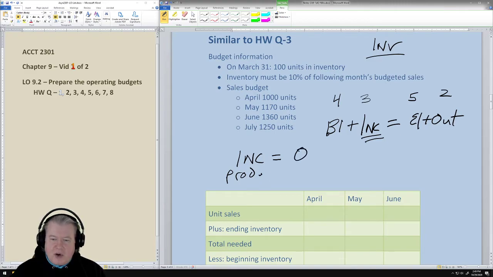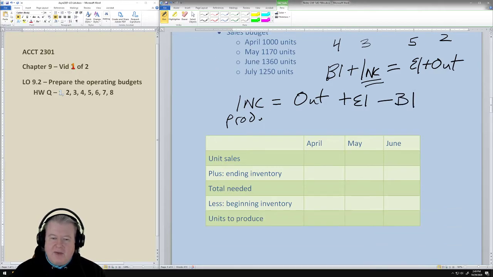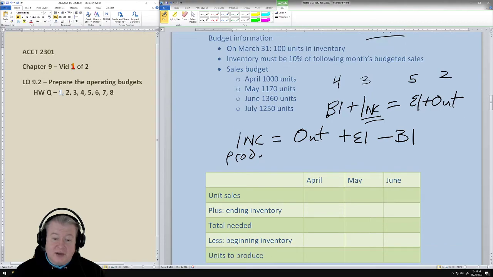It's going to be the outgoing, things that we took out of inventory, plus ending inventory, all I did was switch the order of these two, minus beginning inventory, moved over. And if you notice, that is exactly the layout of this chart. Unit sales plus ending inventory is the total needed, less beginning inventory is the units to produce. So sales is the outgoing piece.